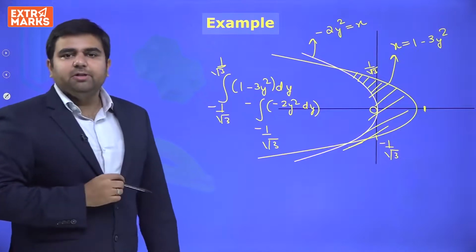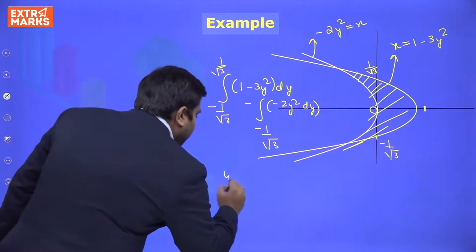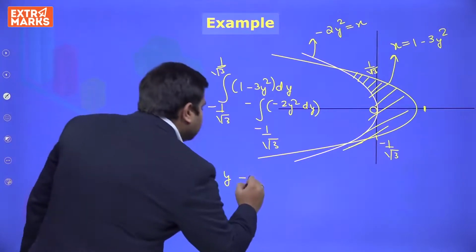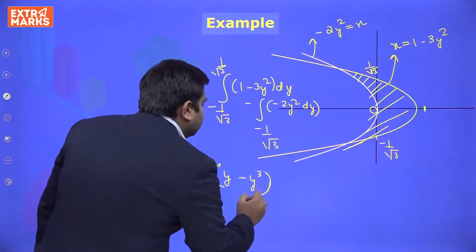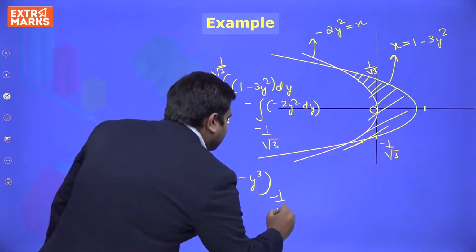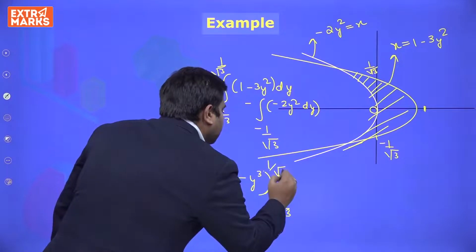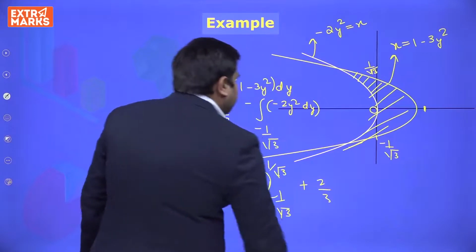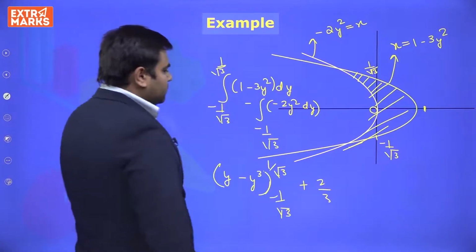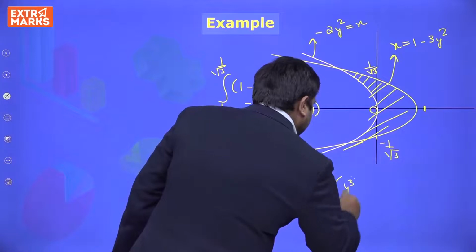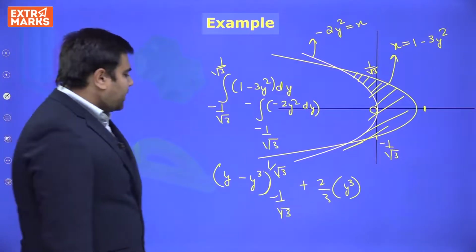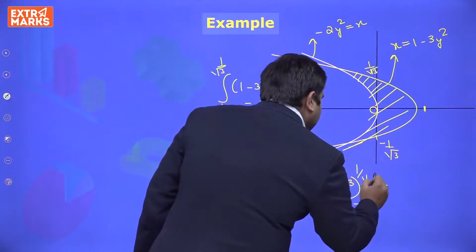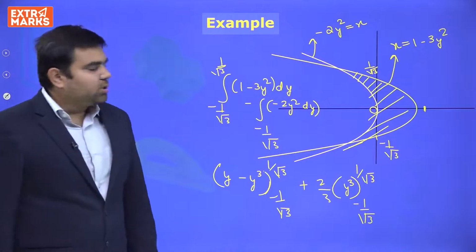So you can easily integrate this now. This will be y minus 3y square upon, so 3y square integration is y cube. So y minus y cube, from minus 1 by root 3 to 1 by root 3, plus 2 by 3 y cube, and y again gets varied from minus 1 by root 3 to 1 by root 3, right?